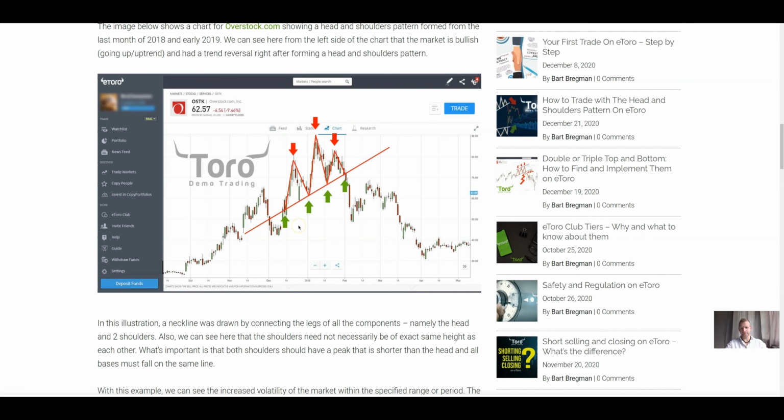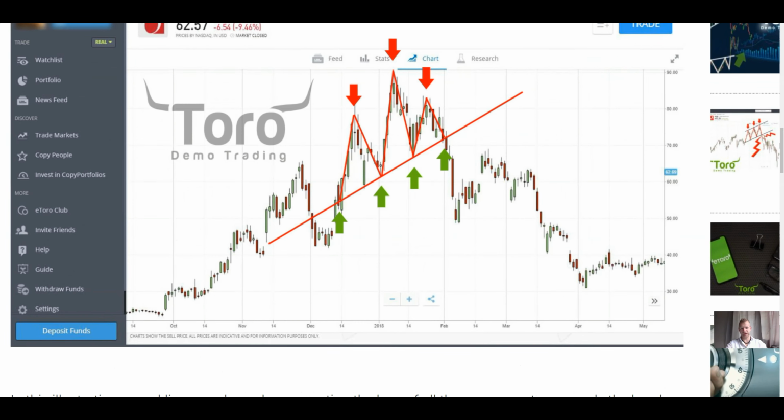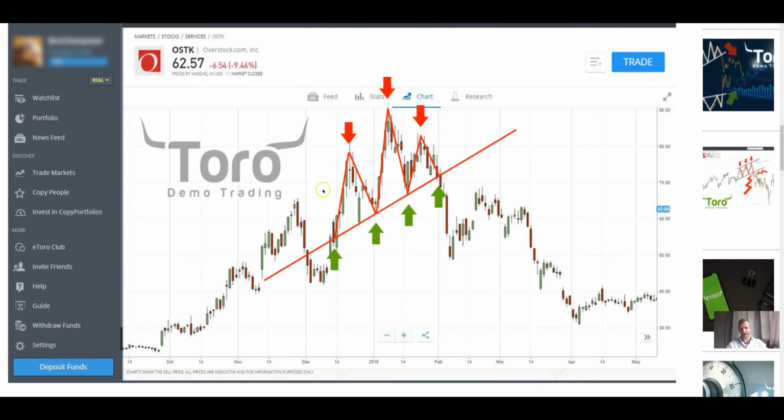Anyway, as you can see in this image, this is a very good example of a head and shoulders. Basically, what a head and shoulders does is an upgoing trend, going upwards, but it creates two shoulders and then one big top, and you can draw a smiley face on his head.